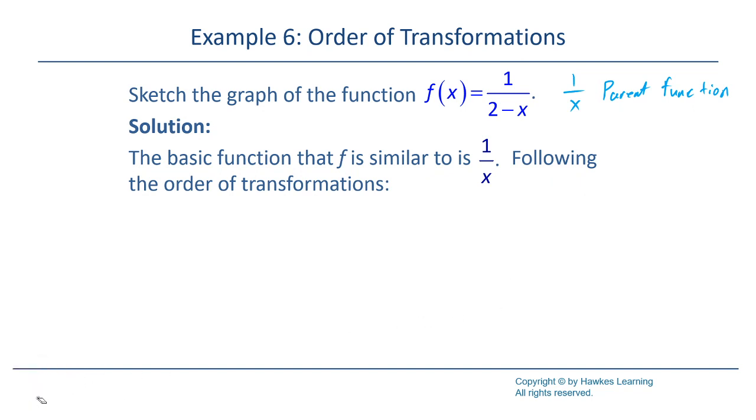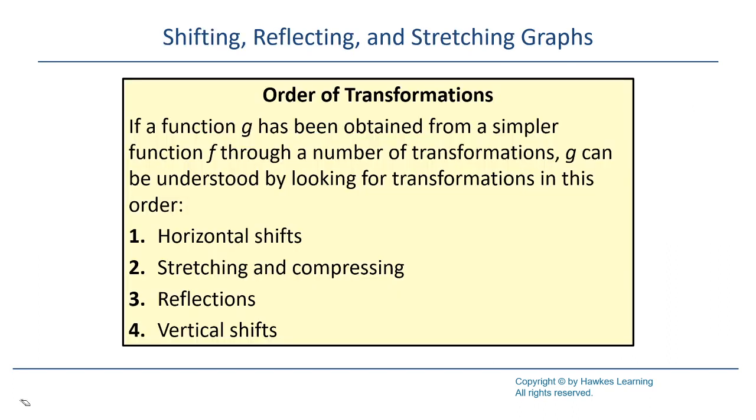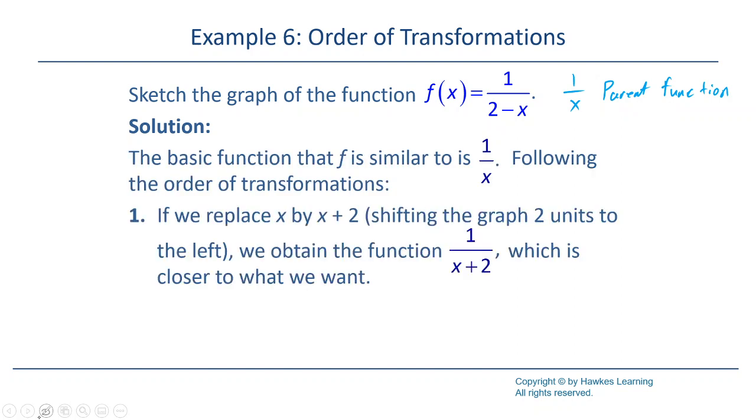Following our order of transformation, like I said, horizontal shift, stretch or compress, reflect, and then vertical. Like I said, it doesn't look quite right, and the reason is because we have it as 1 over 2 minus x. So what we're going to do here is factor out a negative from the bottom.